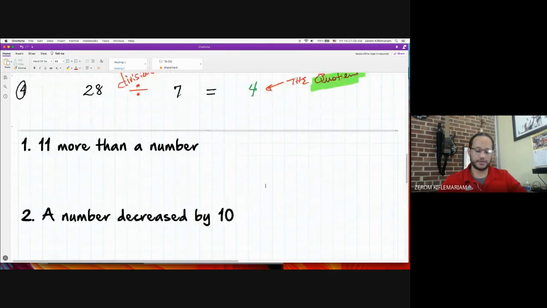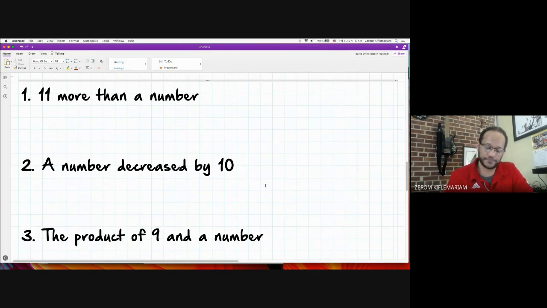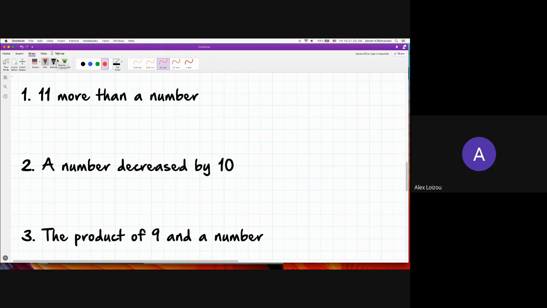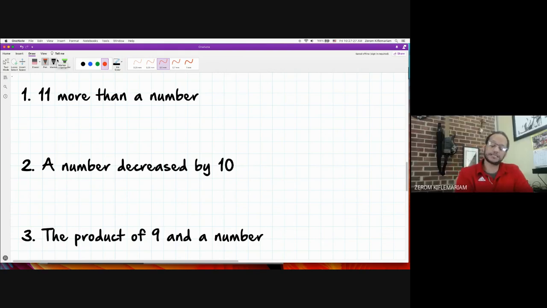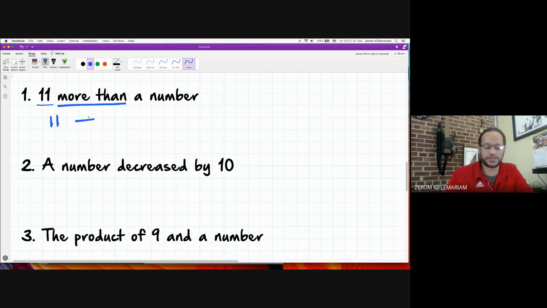All right, help me here. Let's translate these. 11 more than a number would be what? X plus 11. Proper way would be what? 11 plus X. 11 more than would be addition, and number would be X. This is the proper way that we should write it.